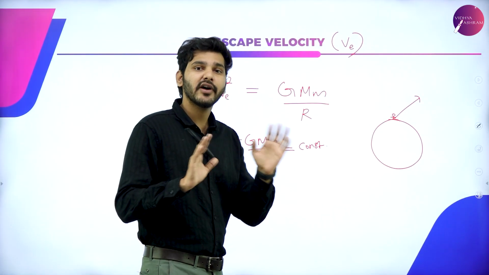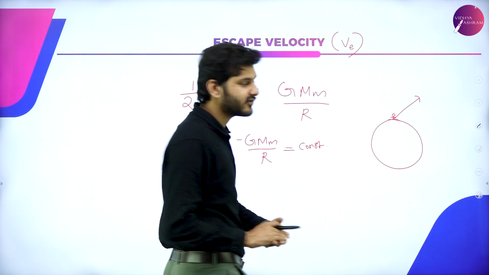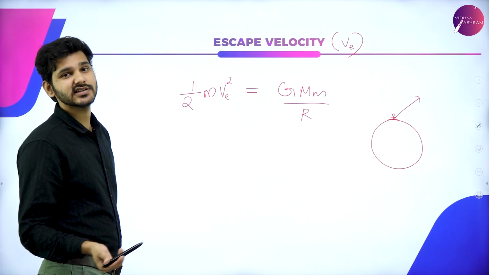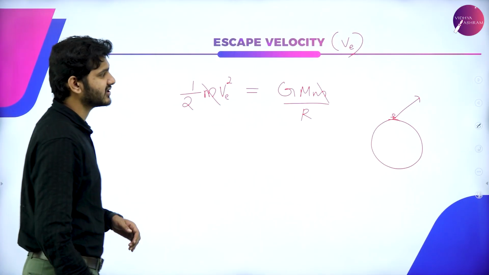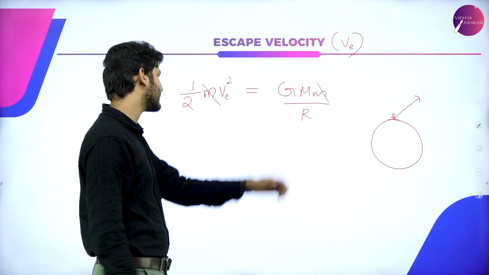Whichever one is convenient for you, just write down the considerations and then you can begin the derivation. Now again, in this derivation, it is all about cancelling some things, because here m is the same and here also m is the same, which is the mass of the object we are launching into outer space, so it cancels out.